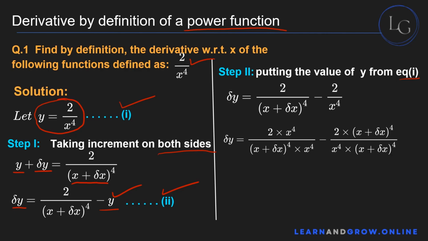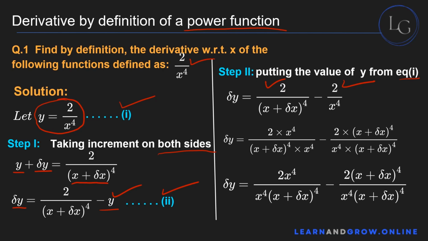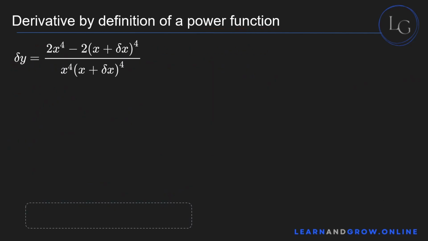So now you'll take the LCM of this term and this term, and so this 2 will be multiplied with x to the power 4, and this 2 will be multiplied with x plus delta x whole to the power 4. Now this eventually becomes this entire equation, and when you combine the two, this is what you get.